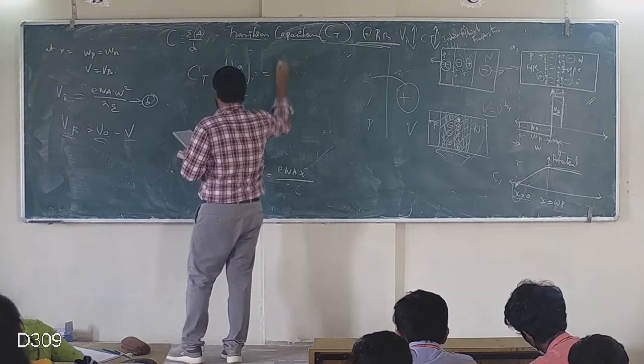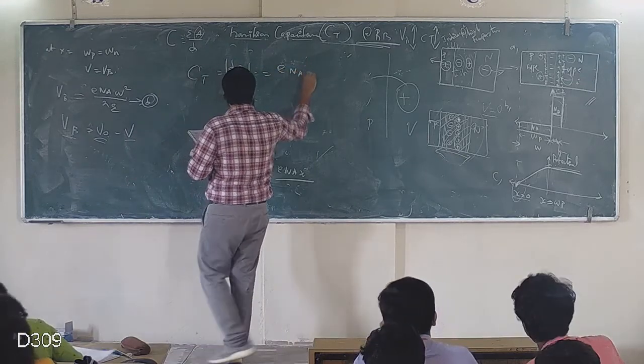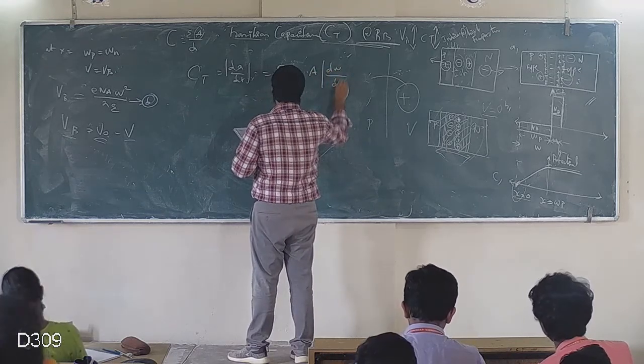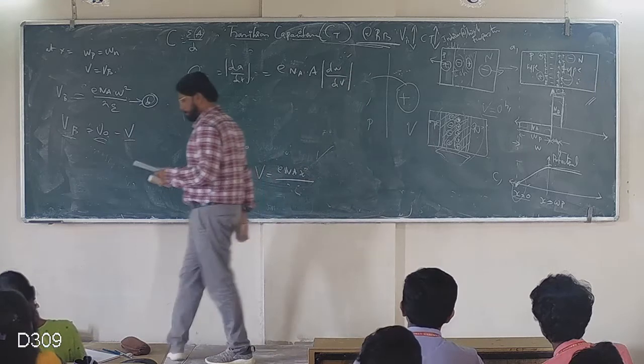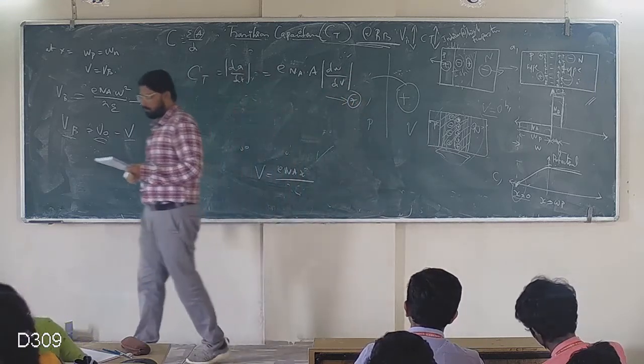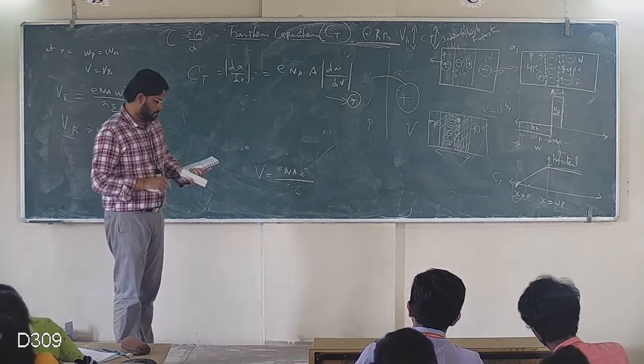So that is equal to e N A into A dW divided by dV. This is equation number 7.